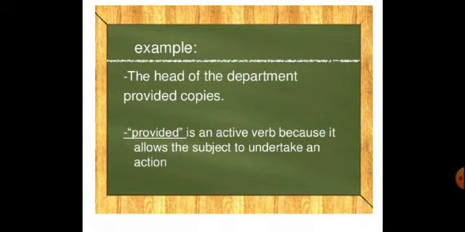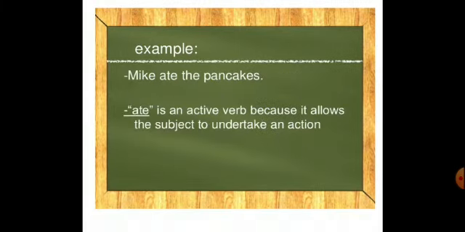This means that this is an active voice because I have a normal simple sentence with the subject in the beginning, then the verb, and then the object. So provided here is an active verb because it allows the subject to undertake an action. I have a subject before it, and of course it did something: provided what? Provided copies.